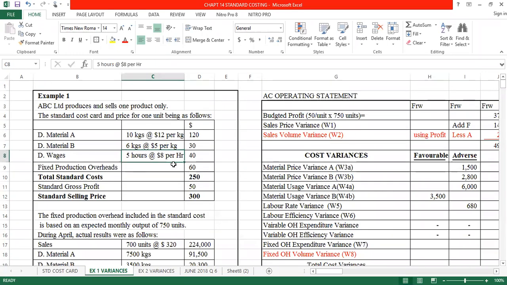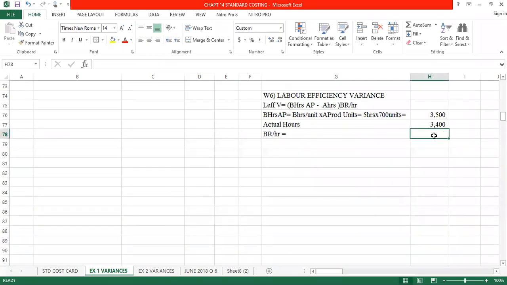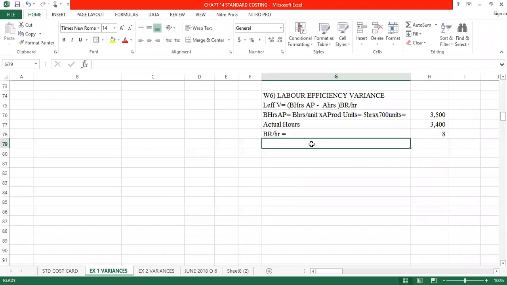You can see $8 per hour. So labor efficiency variance is equal to 3,500 minus 3,400, times 8.